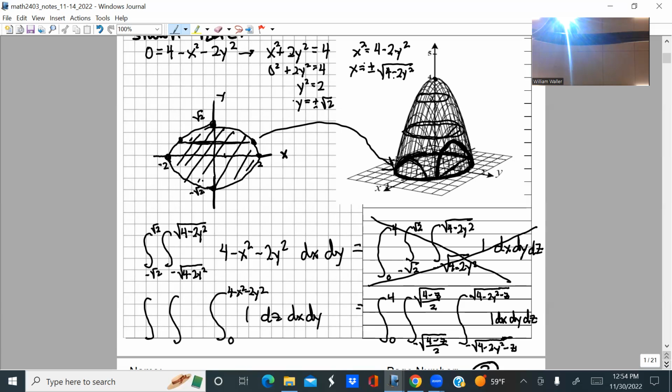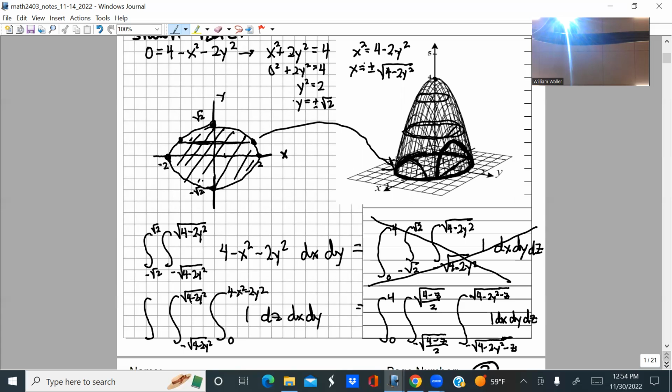There are the formulas for those curves. I found that again by setting x to 0 and setting z to 0 and solving for x. So you're going from minus the square root of 4 minus 2y squared, right? Up to the square root of 4 minus 2y squared.